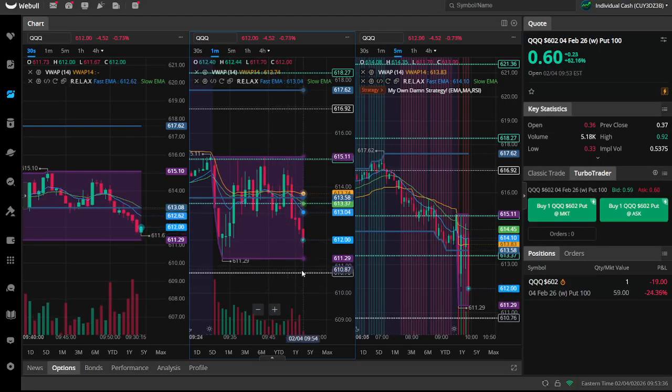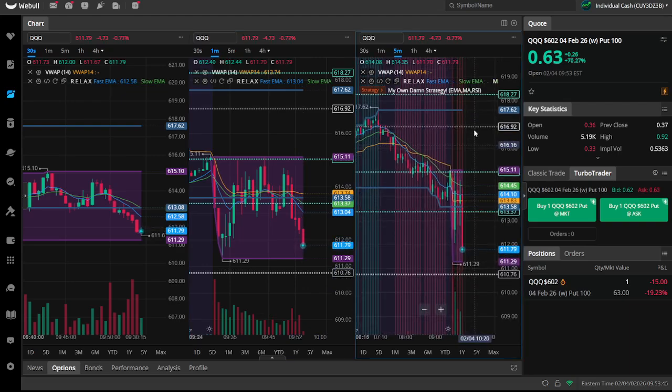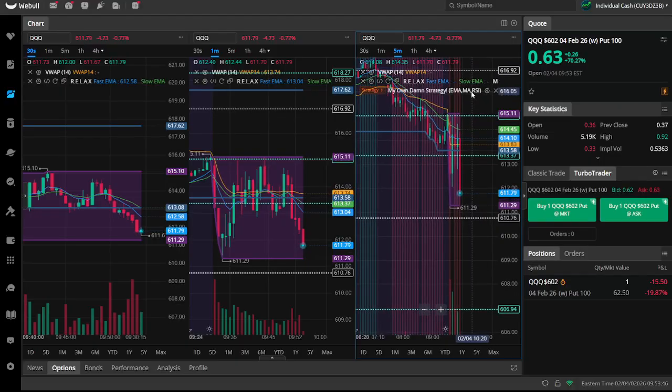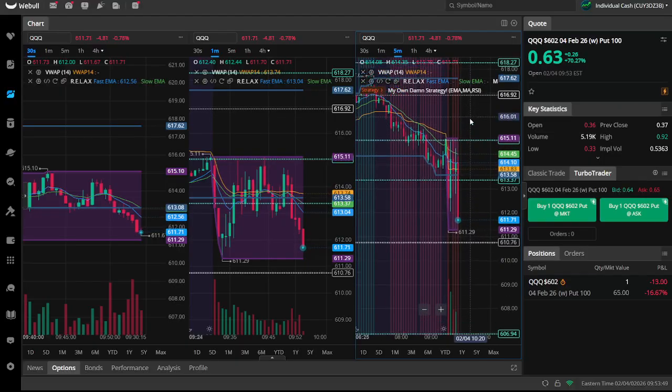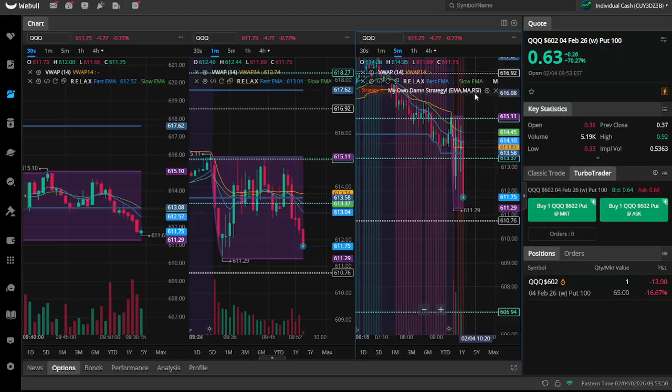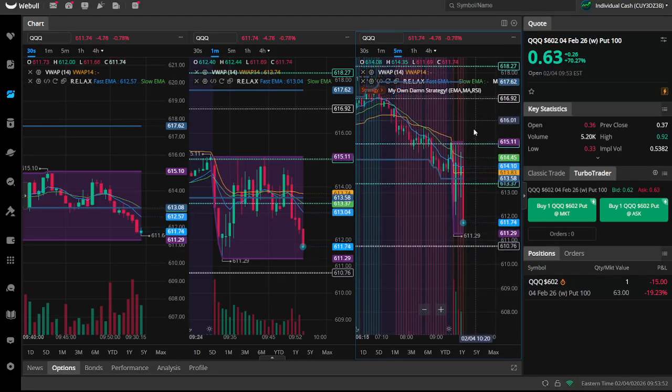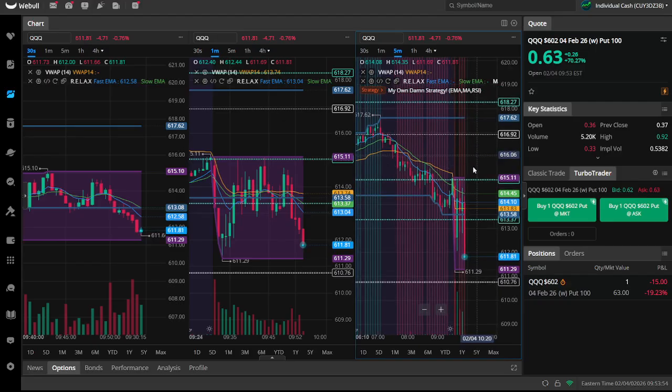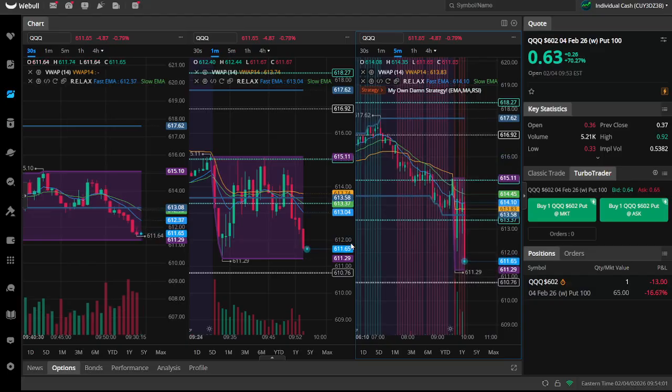The first target is very close by, which is 610.87. I should see if we have another one close by. 606.94 is quite a ways away. I would just watch it and react accordingly.